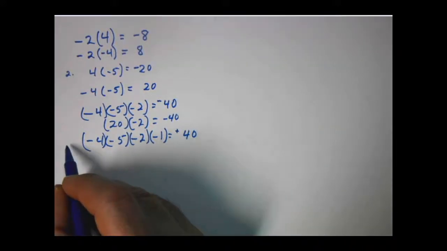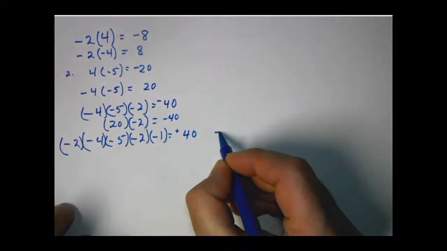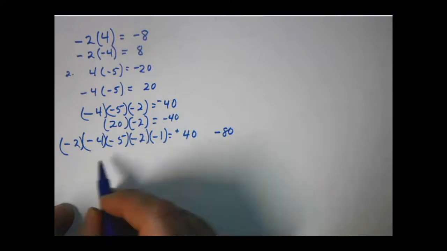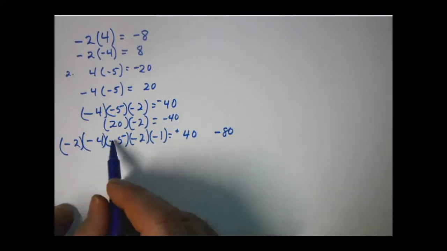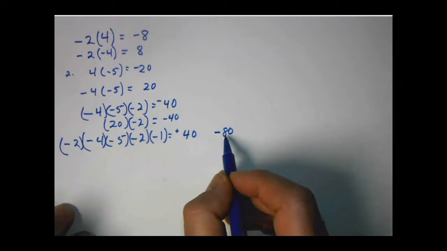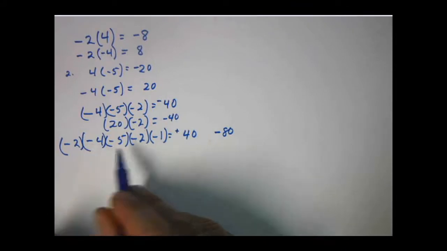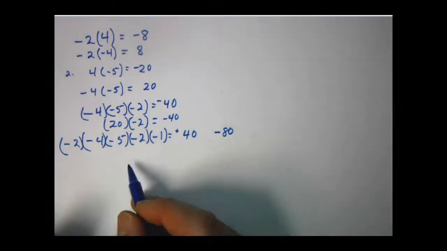If I throw another -2 in front of the problem, then that becomes -80, because I have 1, 2, 3, 4, 5 signs. It's an odd number of signs, so it's going to be negative. So no matter what I'm doing, I'm just going to do regular multiplication and count the number of signs.